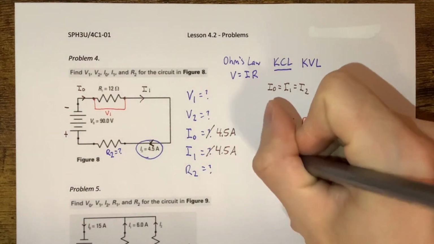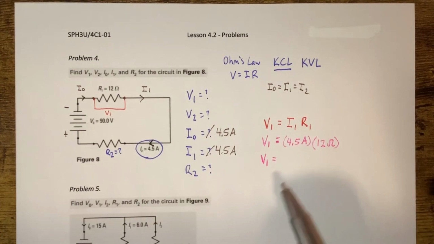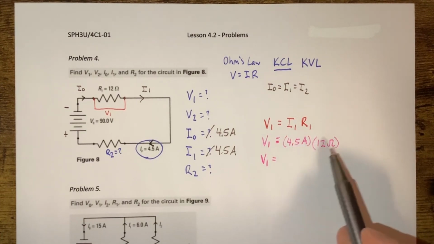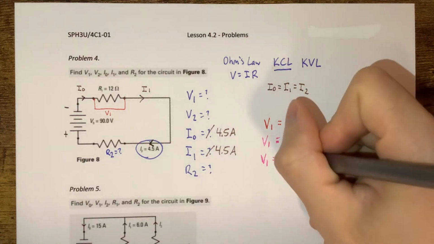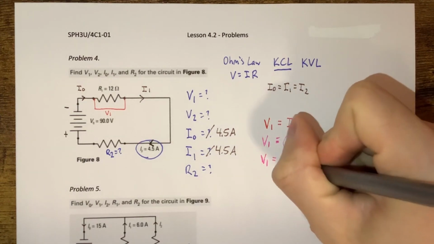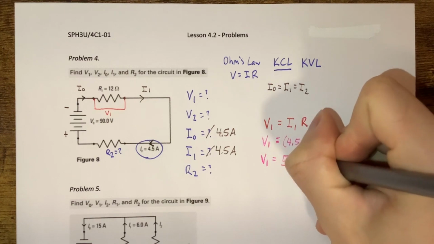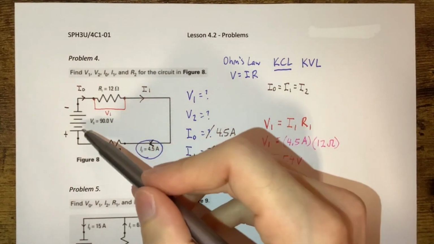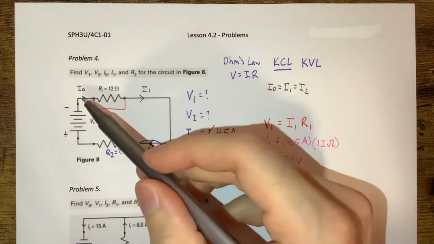And we're just going to multiply these together. We multiply 4.5 times 12, that's going to give us 54 volts.